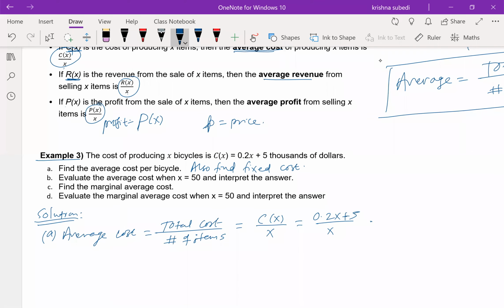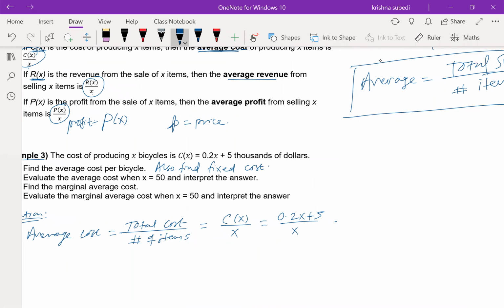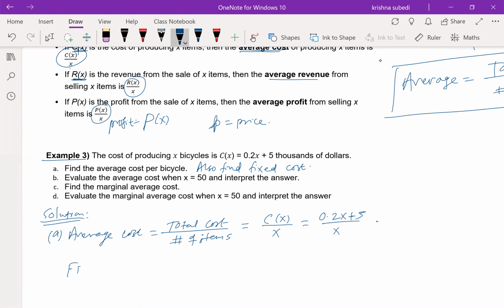Now, the second part tells us to also find the fixed cost. So fixed cost is the cost when no item is produced, right? That is the fixed cost.